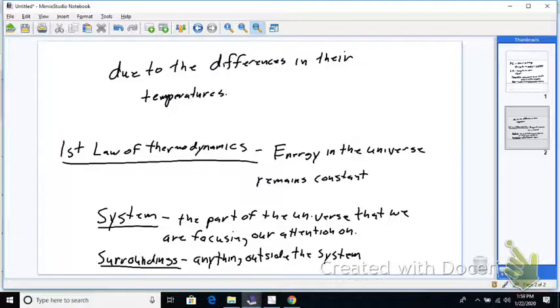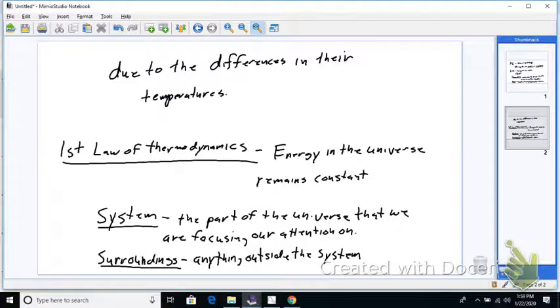Exothermic is when we have the opposite happen, where the system is sending out energy to the surroundings. Okay, so if you can understand the difference between the system and the surroundings, you can figure out what's endothermic and when it's exothermic. And students have, and I can see why, a tough time understanding why something would be endothermic when you look at it and it doesn't seem like it should be endothermic or exothermic.